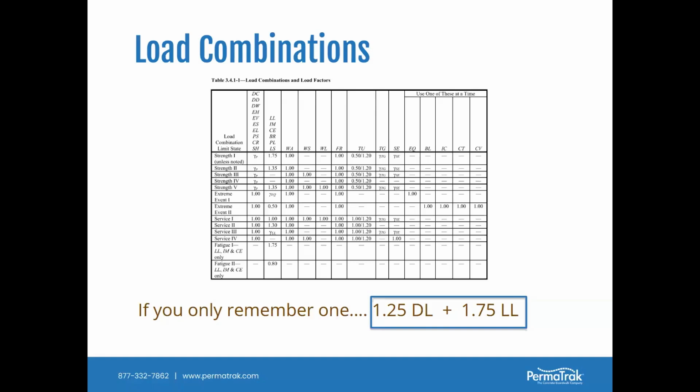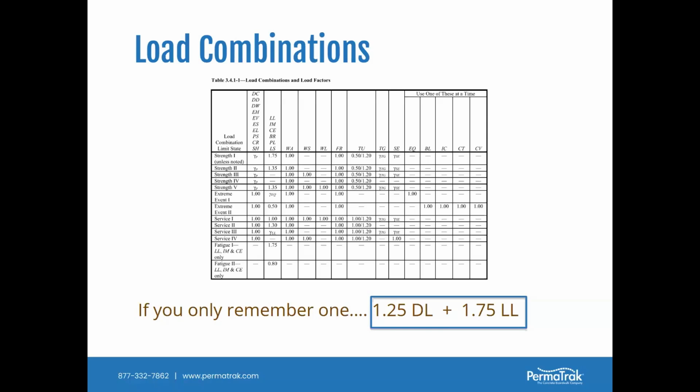And it has all of these combinations of load factors, load combinations that have to be considered for a vehicular bridge. For a pedestrian bridge, it's made a lot simpler. Some of these categories simply just do not need to be accounted for, and that's explicitly stated in the pedestrian bridge guide.